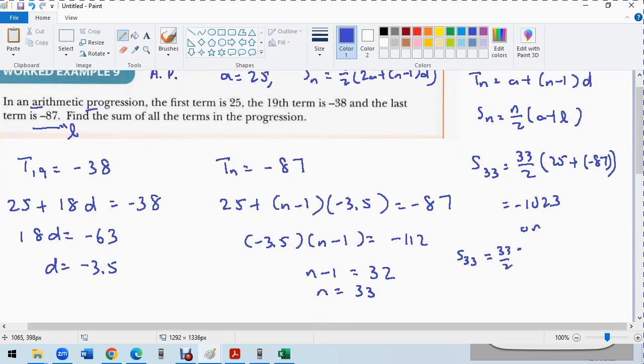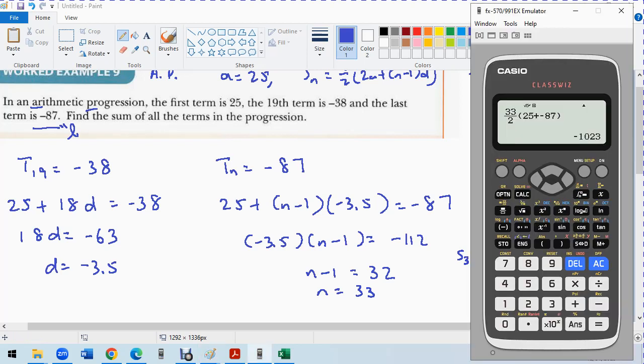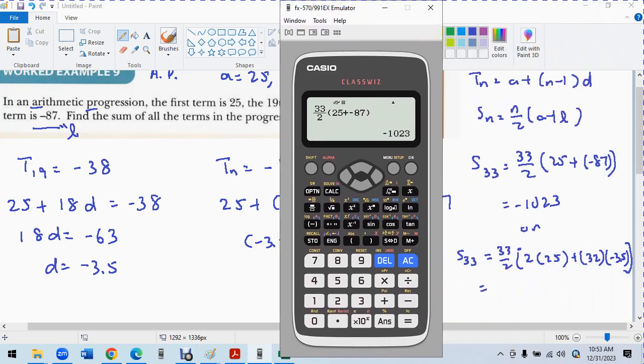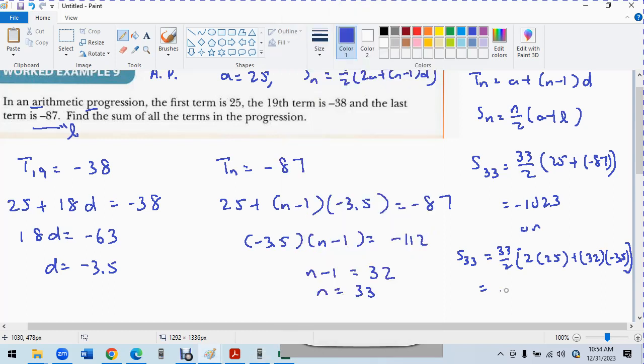So 32 over 2 times (2 times 25, and then 32 minus 1 times negative 3.5). So we have 2 times 25 plus 31 times negative 3.5, which is negative 1023.